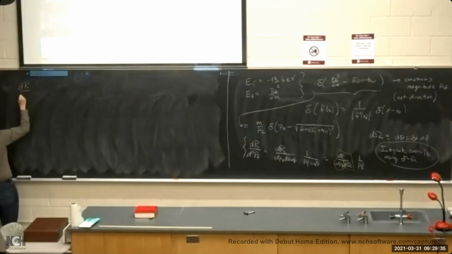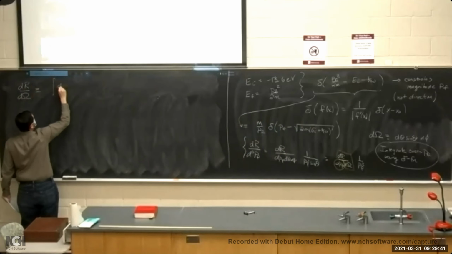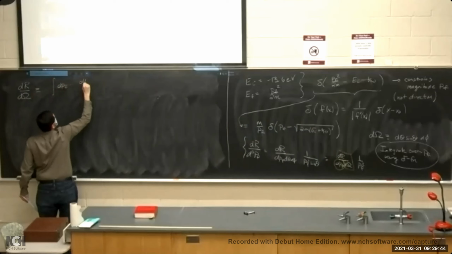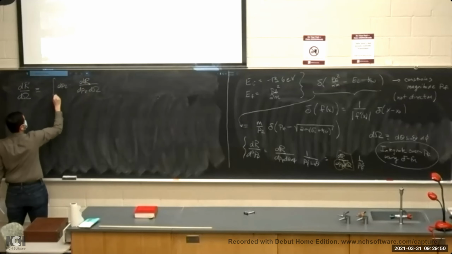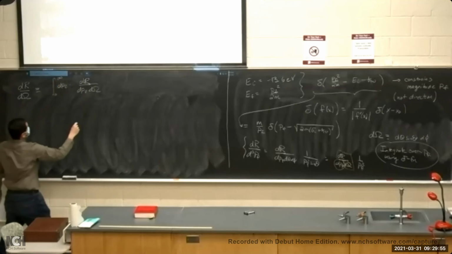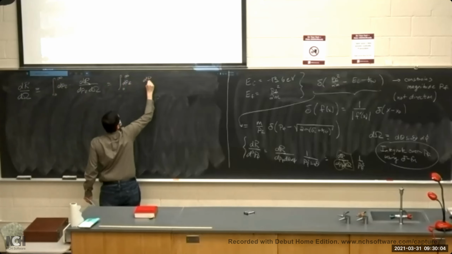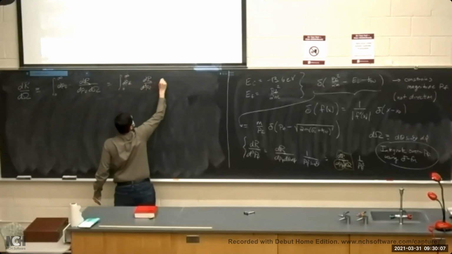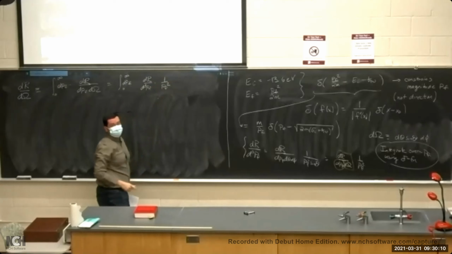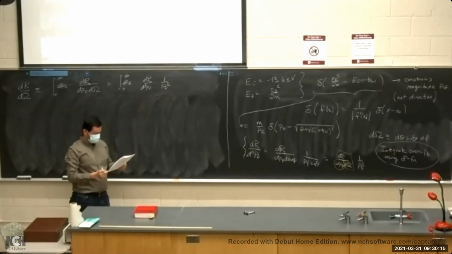So the differential amount of rate per unit solid angle is equal to integrating over all P final the differential rate per unit P final per unit solid angle. Strictly speaking, this is an integral from 0 to infinity. And this thing is just a spherical change of variables, dP final from 0 to infinity times dR d3 Pf times the spherical volume element, 1 over P final squared. So I'm just going to take the expression before, divide by this factor, and integrate it.